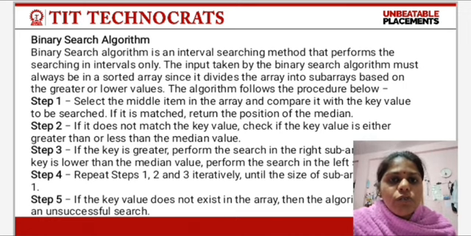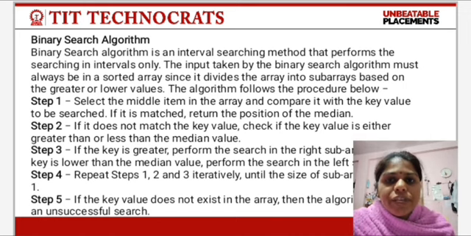The algorithm follows two procedures. Step 1, select the middle item in the array and compare it with the key value to be searched. If the target element is matched, return the position of the middle. Step 2, if the target value is not matched, then check whether the value is greater than or less than the middle value.